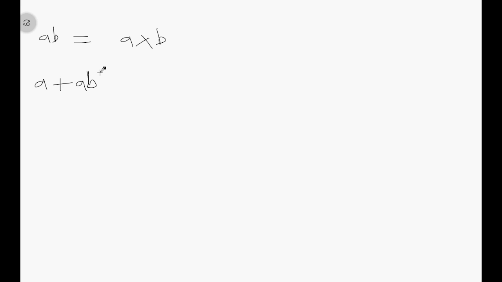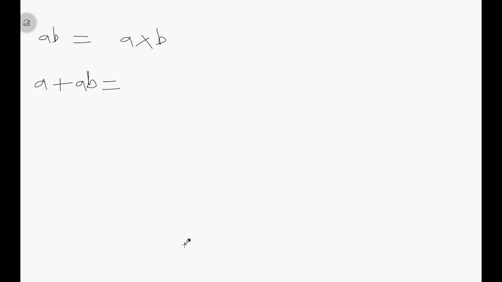Now, looking at this, what we want to think about is, what two factors can I multiply to get the expression A plus AB? What we'll have to do first is look at what's common to both terms in the expression.